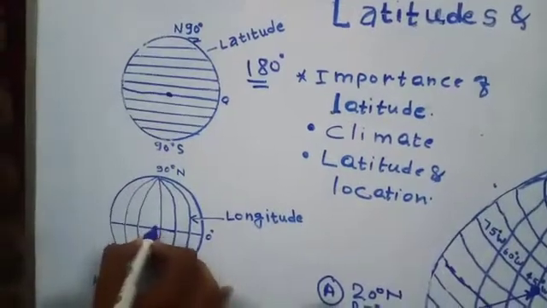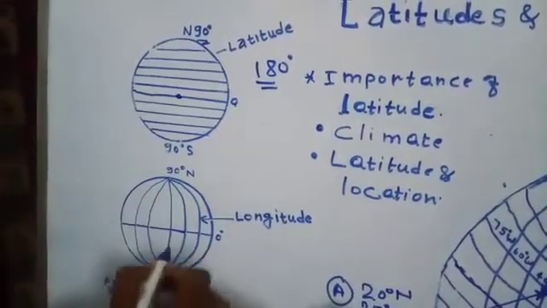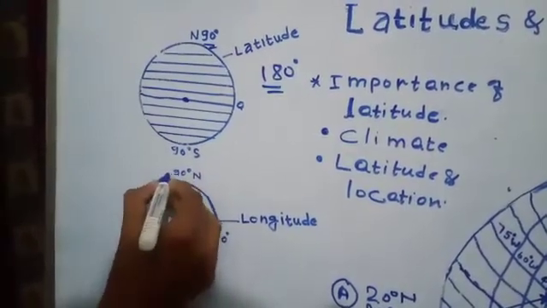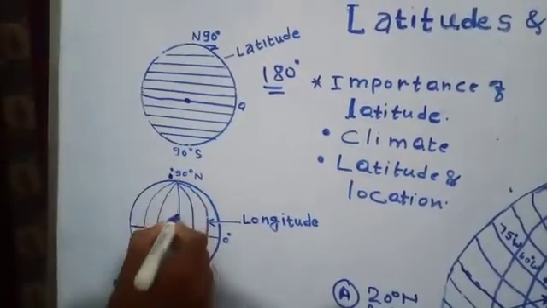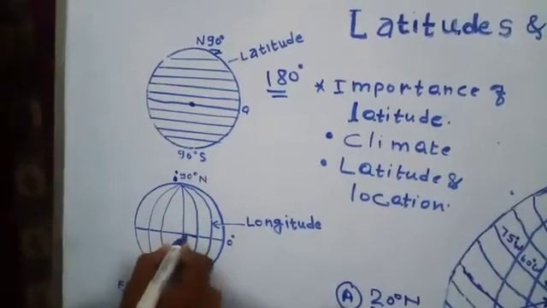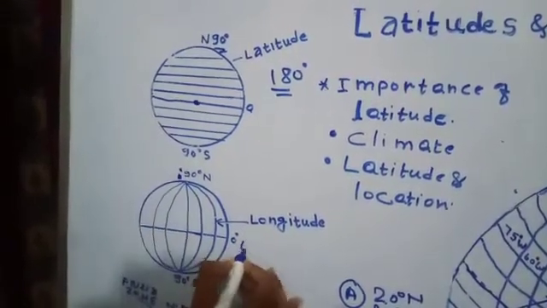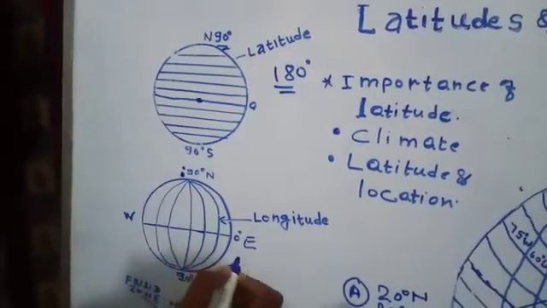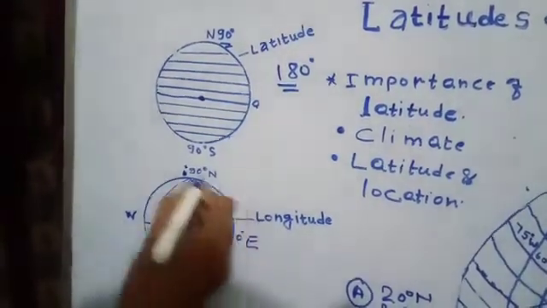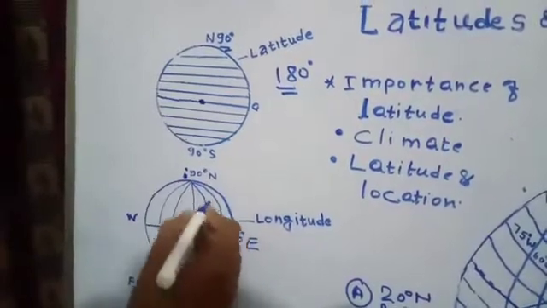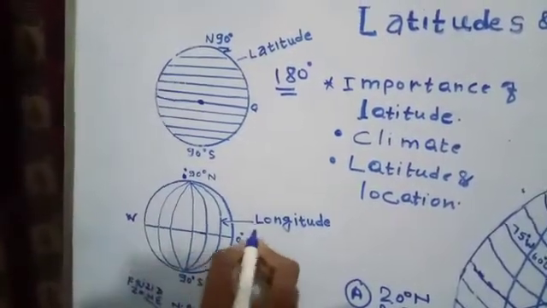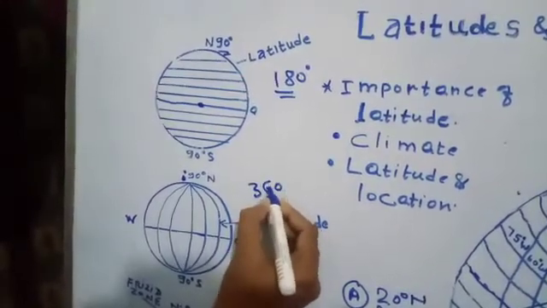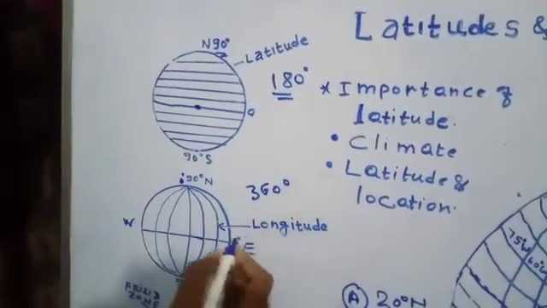Okay, now how can we define longitude? Longitude is the angular distance east or west of the prime meridian. If you consider the whole earth surface as a circle, the total measurement of the circle is 360 degrees.